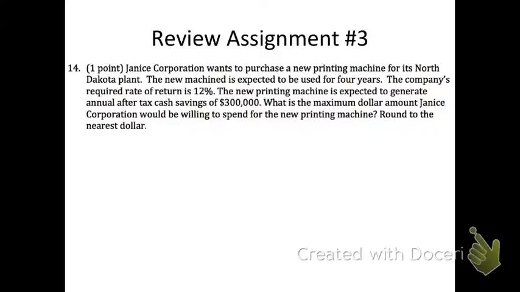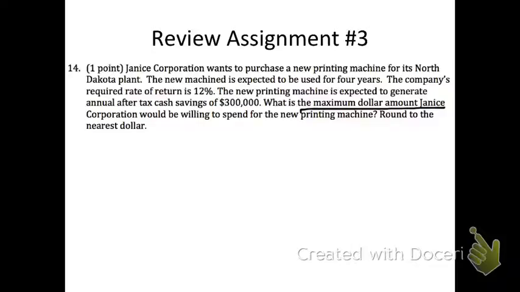All right, number 14. This is, again, looking at our capital budgeting concepts. And so what we're trying to do here is determine the maximum amount this company would be willing to spend for this printing machine. And again, this type of question can be applied in a lot of different situations.